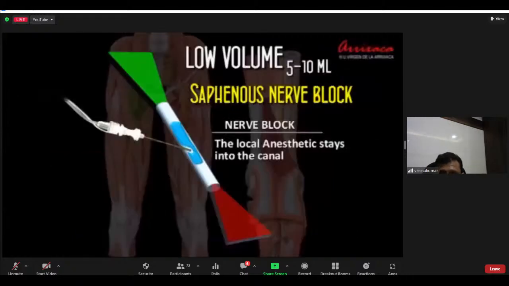Now, whenever we take up a needle and give a low volume, let us suppose 10 ml in the adductor canal, the local anesthetic will stay in the canal.